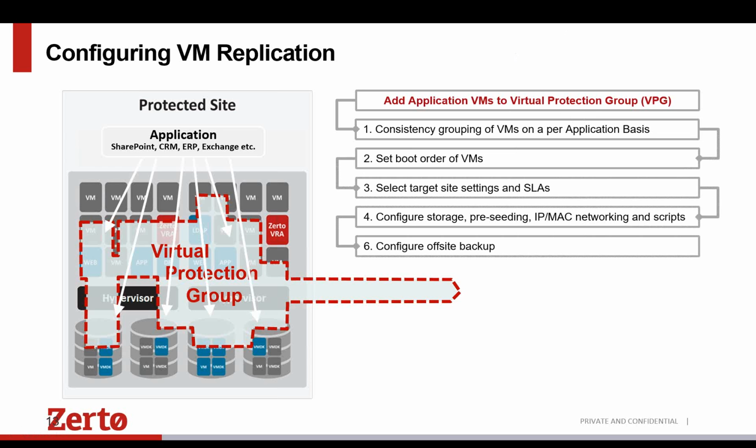And then finally, you can configure offsite backup, which allows you on a schedule of hourly, daily, weekly, monthly, or yearly to take backups of your Zerto replicated data in your recovery site to a separate storage device, which could be a deduplicated Data Domain or Avamar type device, or even just SAN storage presented to your remote Zerto manager.